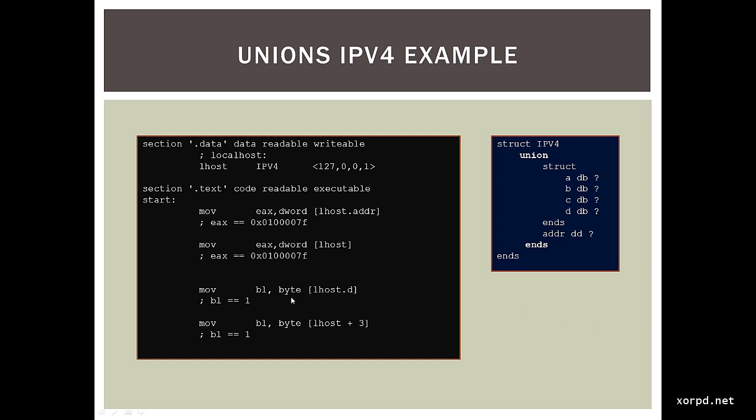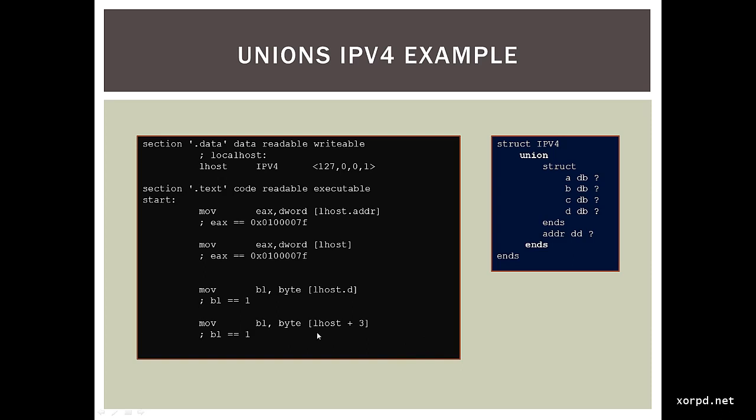Now to something more interesting. We can actually read from lhost using this structure from the union. So, for example, we can use lhost.d and write a byte from this location in memory into BL. And the result is going to be 1. Just an example of doing it in the crude way.